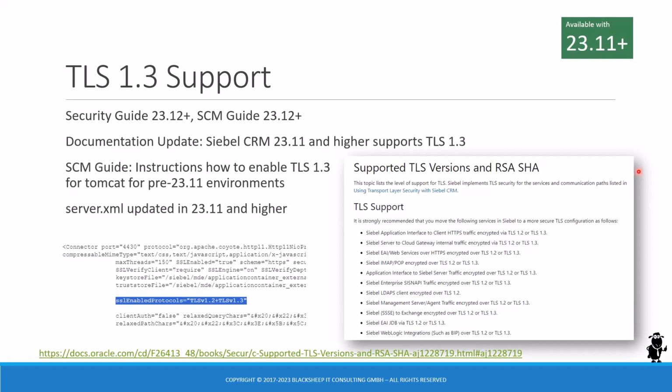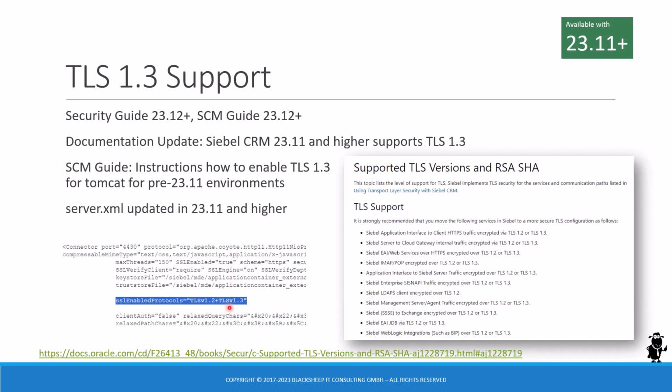I don't know much about the certification in this case, which Siebel version exactly it is, but now it's documented in two guides actually, Security and Cloud Manager. And Cloud Manager even has instructions how to modify the server XML to do it for prior environments. And as you go beyond 23.11, your server XML file on the Tomcats will get updated.